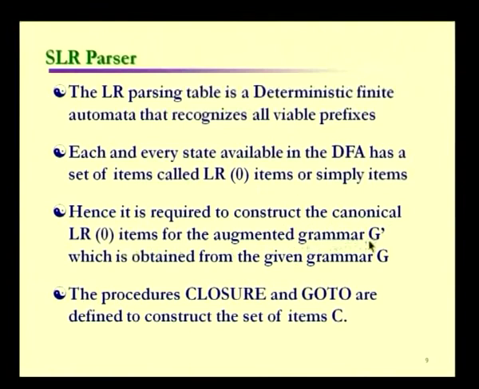So, we should know the meaning of a grammar and an augmented grammar, and how the augmented grammar differs from the grammar. The grammar has the set of all productions as given in the language specification, whereas the augmented grammar is obtained by introducing an additional production, normally S dash derives S, where S dash is the newly introduced start symbol and S is the given start symbol.